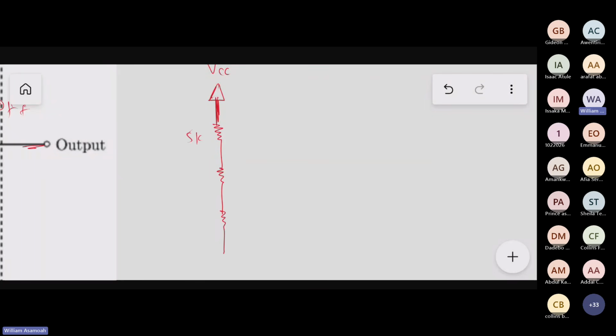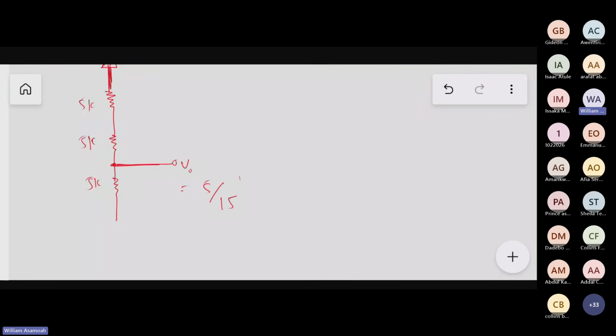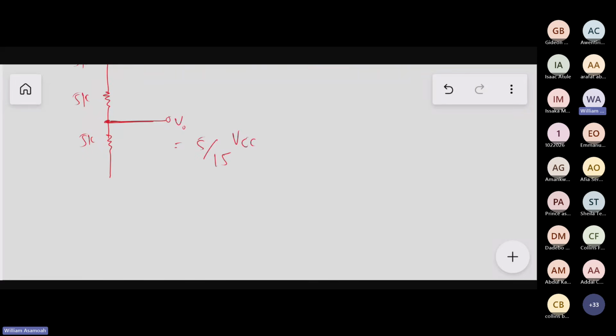This is 5K, 5K, 5K. Then we are picking from this one. So the V out here is going to be equal to 5 over 15 times VCC. So we are going to get 1 over 3 of VCC.